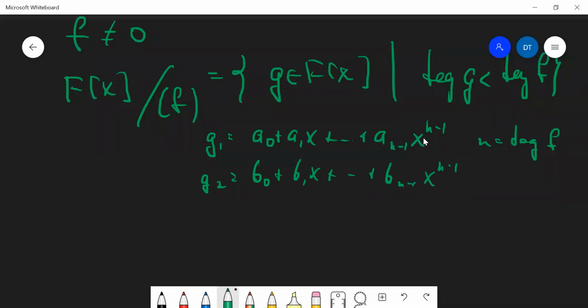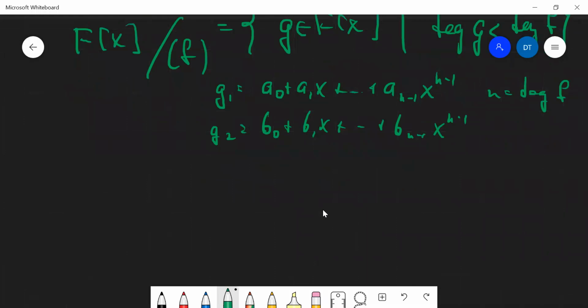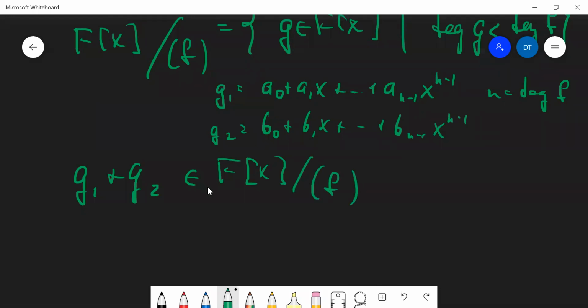Here the degrees are bounded by the same boundary, which is the degree of the polynomial f. So g1 plus g2 is also, well, here the plus means the usual addition of the polynomials. And if you add two polynomials from this set, the sum is also inside the set, so it's a well-defined operation. So this will be our addition.